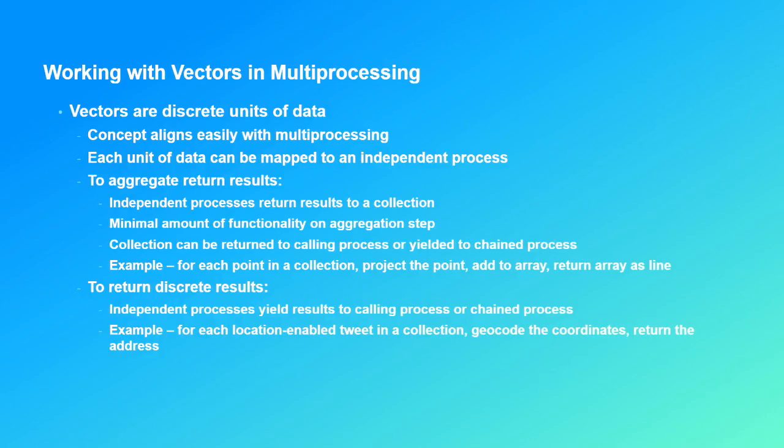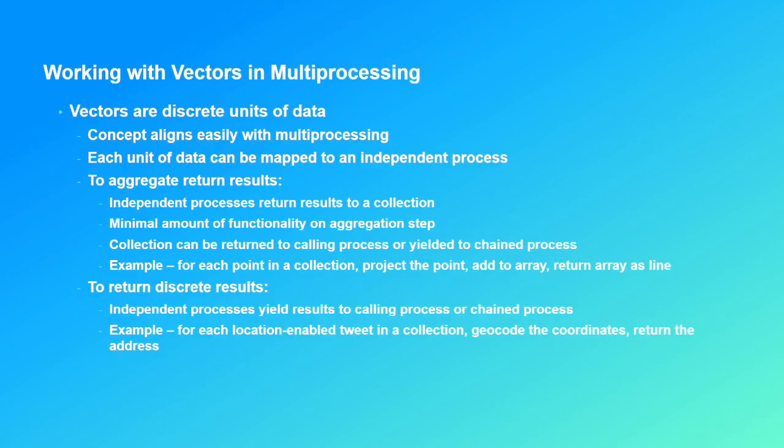An example of an aggregated result is if you have a whole bunch of points that you simply want to buffer, and then take the buffer from each point and union it together, you can do that. Or have a collection of points and simply aggregate those into a line or into the border of a polygon.